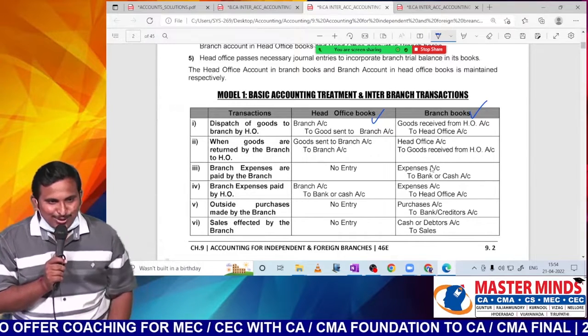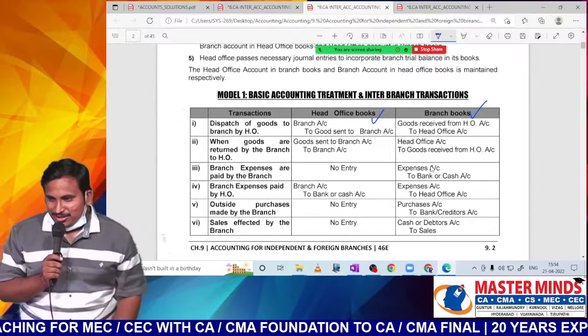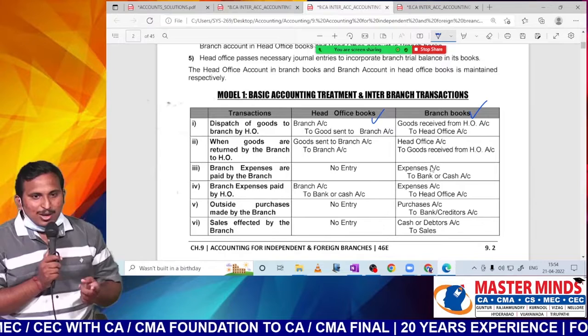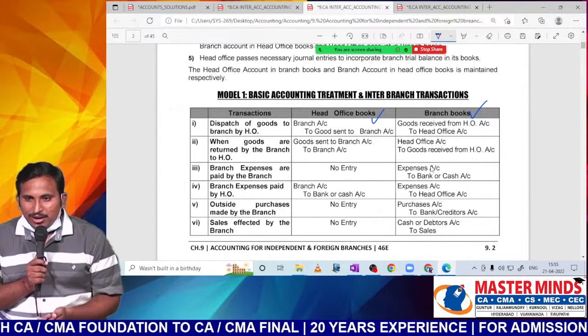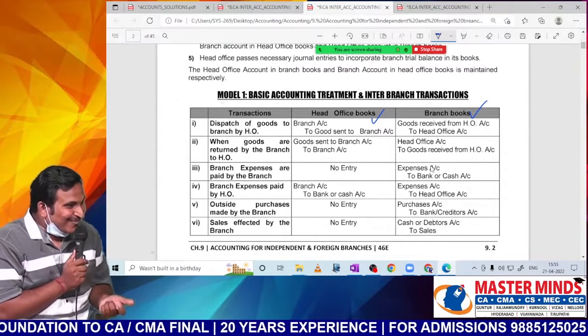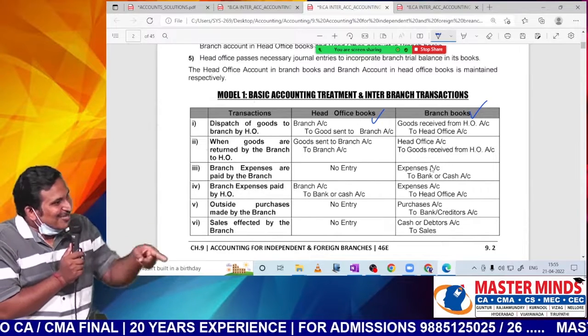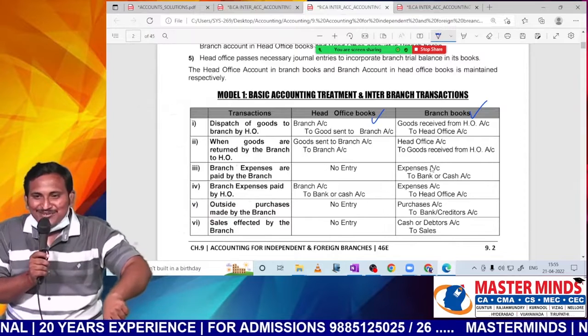Now, in branch accounts, if you know one aspect and you don't know the other aspect, suppose you are recording in branch books and writing something to bank, the debit should be head office. Are you getting the point? The difference is head office, because we are writing transactions between head office and branch. If you are clear on one aspect, the other aspect should definitely be head office.